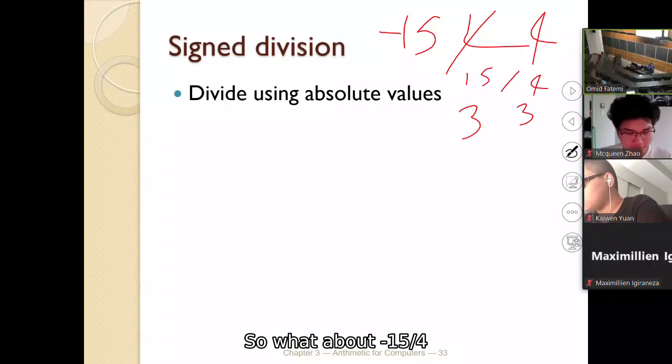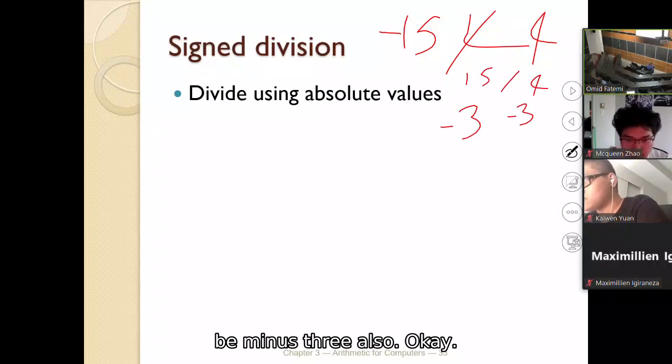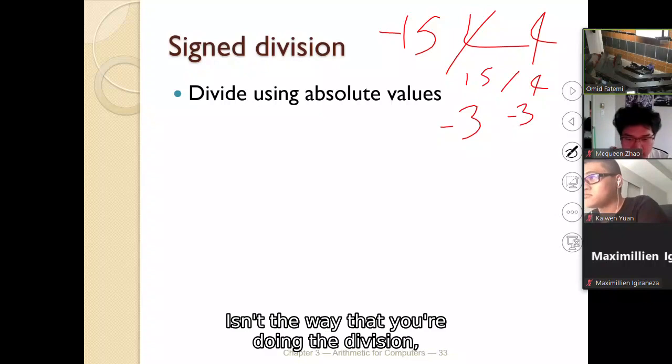So what about minus 15 divided by 4? The quotient would be minus 3, and the remainder would be minus 3 also. Isn't this the way that you do signed division?